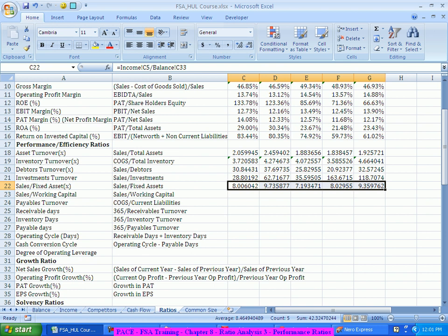Now, that asset turnover ratio is 1.925. You need to say that for every 1 rupee in total assets, they are able to generate 1.92 of sales. Yeah, these all are divided by 1. So numerator is sales, denominator is total assets.